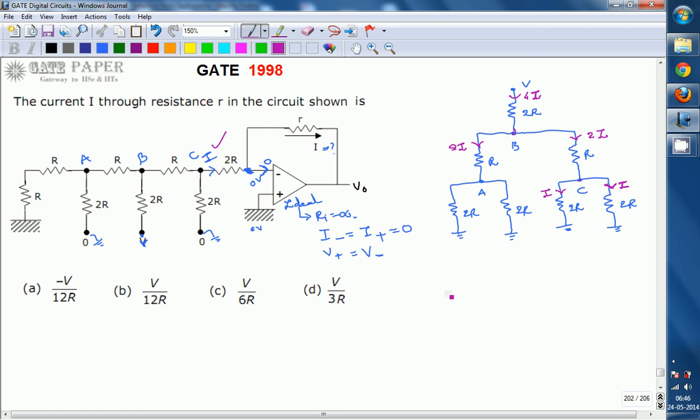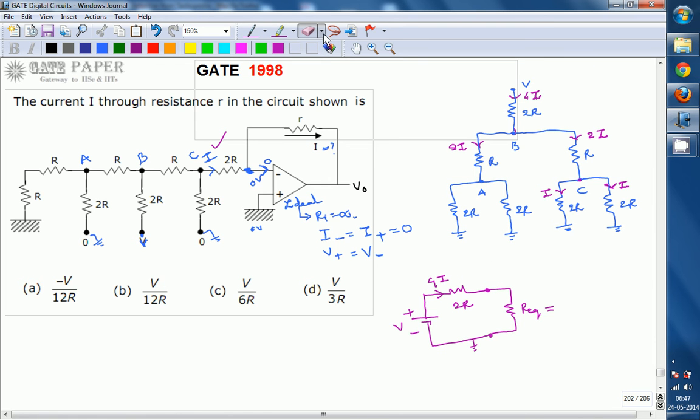Now I am going to draw a circuit like this. There is a node voltage V and a resistance whose value is 2R, and the current coming from this one is 4 times I. Sorry, this is not A, this is node B, and this is the ground node, because V is the voltage source with plus and minus terminals.